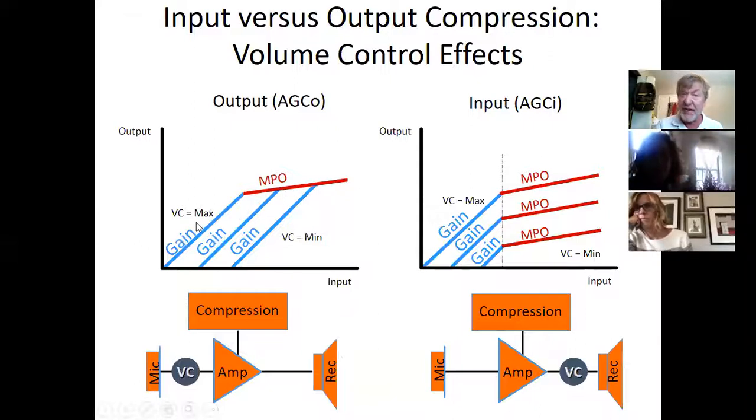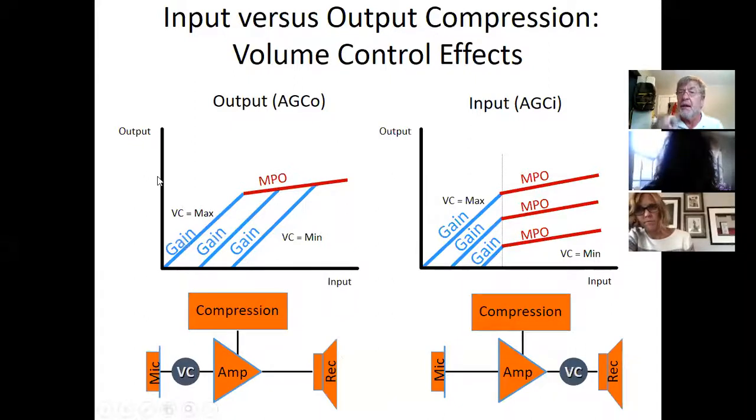It'll change the gain. And we recall from last week, the leftmost gain line is the most. The rightmost gain line is the least. And follow me here and you'll see what I mean. Look at my cursor. Look where my cursor is, right on the black line here. With minimum volume control, I get this output.